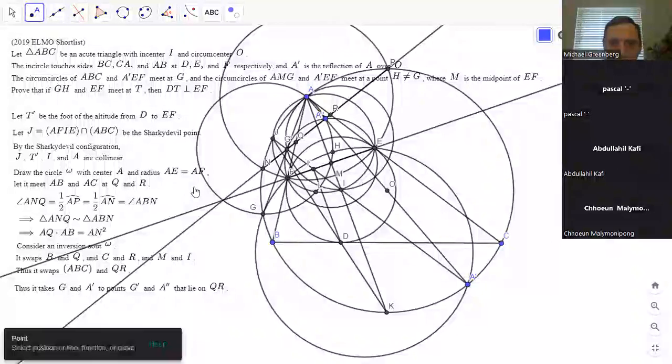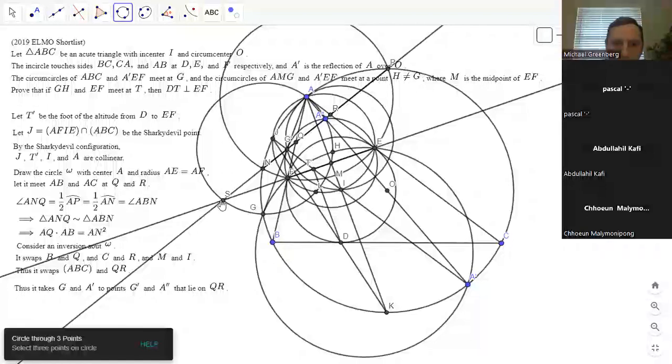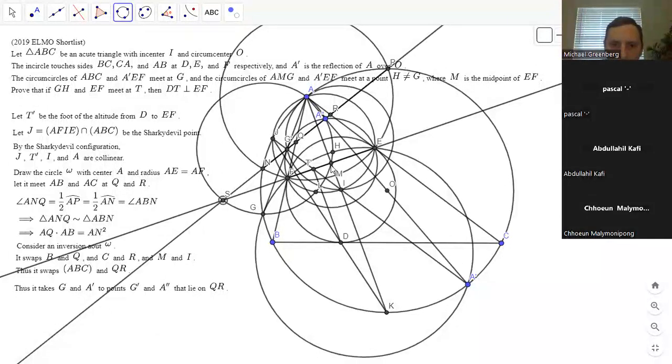So showing that JHIG is cyclic, it's the same as showing that this point M, G prime, this point M G prime, and the inverse of H. So this would have to be like the inverse of H. Okay, so basically we want to show H inverts to the point on this line.